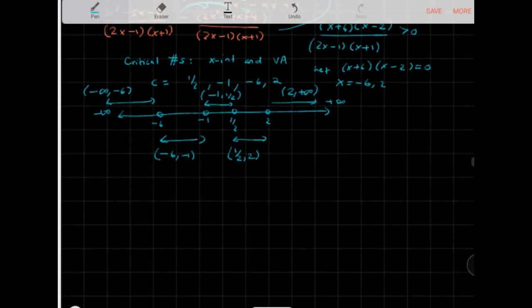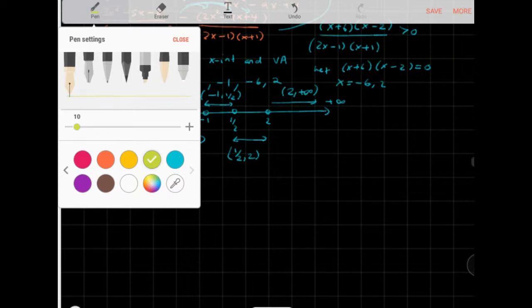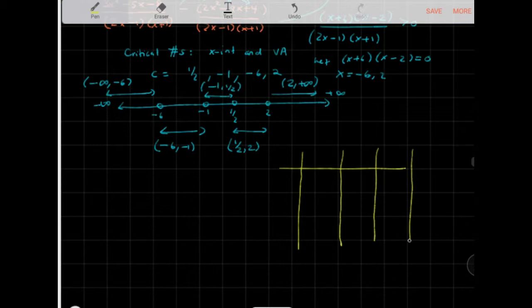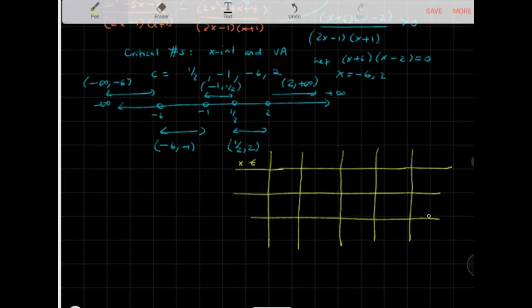We have 5 intervals. Now what we're going to do here is create a table of intervals to solve for our intervals. Okay, so x belongs to, I'm going to put my factors out here.